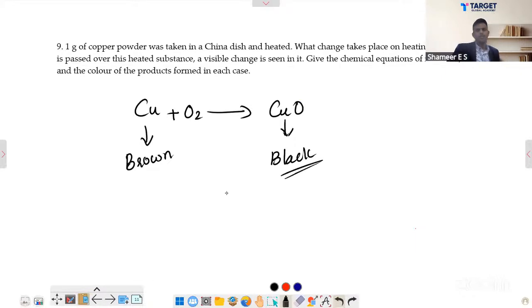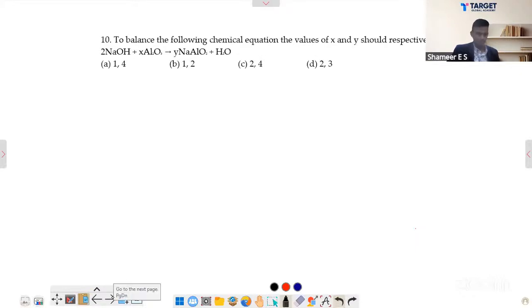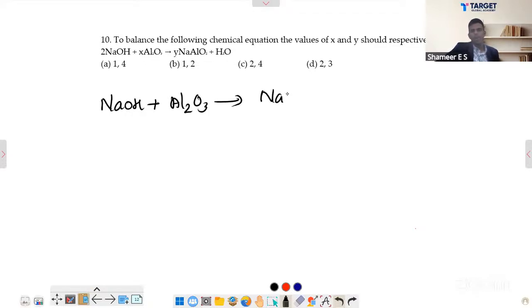So the final question from this chapter. To balance the following chemical equation, the values of x and y should be respectively what? We did this reaction at the starting of the class. NaOH reacts with Al2O3 forming NaAlO2 plus H2O. There are 2 aluminium, so definitely we need 2 Na, 2 NaOH.